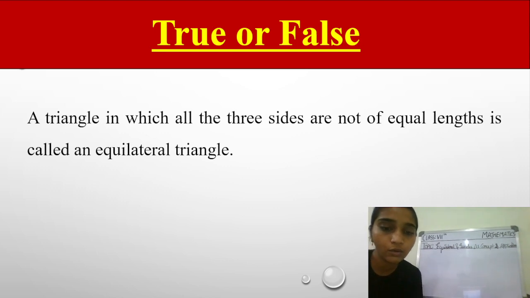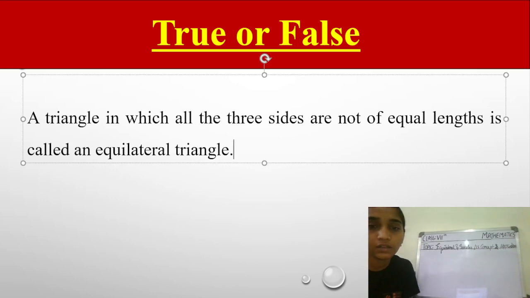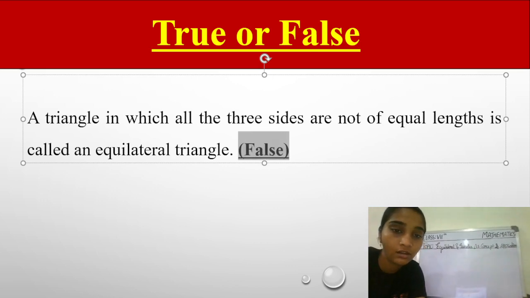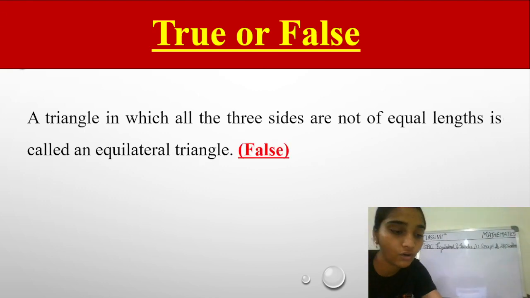So students, I hope you all have given your responses. The statement is false, as you all have also answered. Why false, students? Let us know the reason. Very good, because whenever we talk about an equilateral triangle, we say that all the three sides are of equal length.